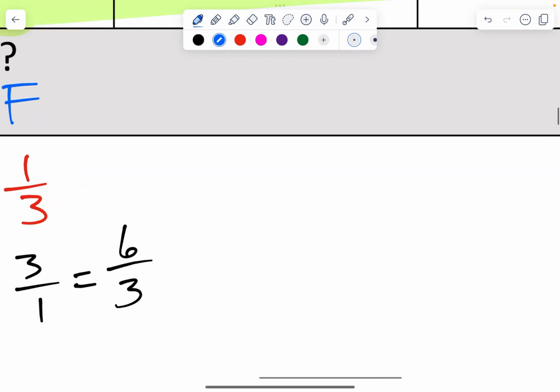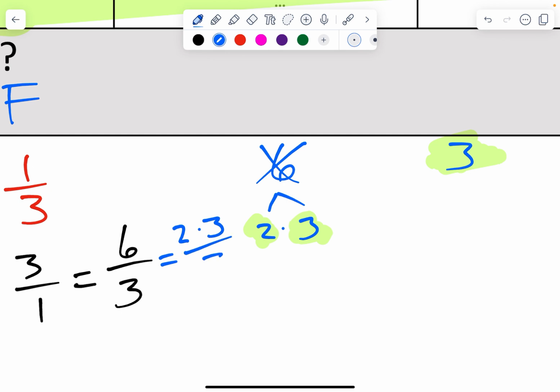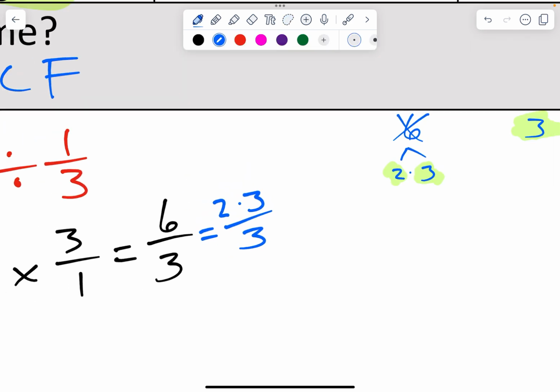Let's break these things down. So I got a 6, I got a 3. 6 is 2 times 3. Hey, those are both prime. And then 3, well, 3 is already prime, so I don't need to do anything with that. So on here, I got a 2 and a 3. On the bottom, I got a 3. Can we cross anything off here?